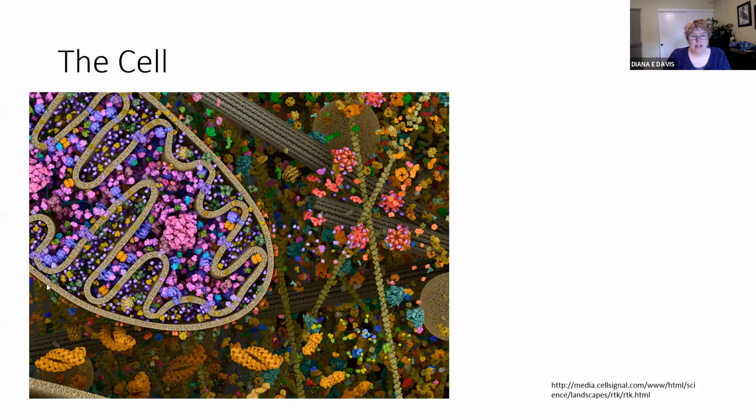This is a mitochondria. So this is not a whole cell. This is just part of it. So this is a lipid bilayer membrane. There is a second membrane in the mitochondria. And in that inner membrane, you can see these purple and yellow things here in the membrane. Those are proteins that are embedded in that membrane. I can't identify most of these, but I can identify this one.